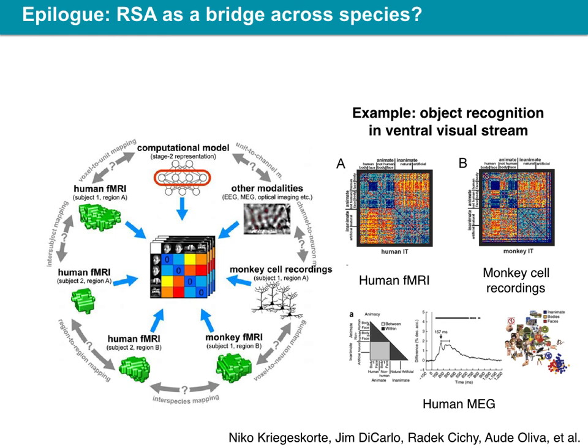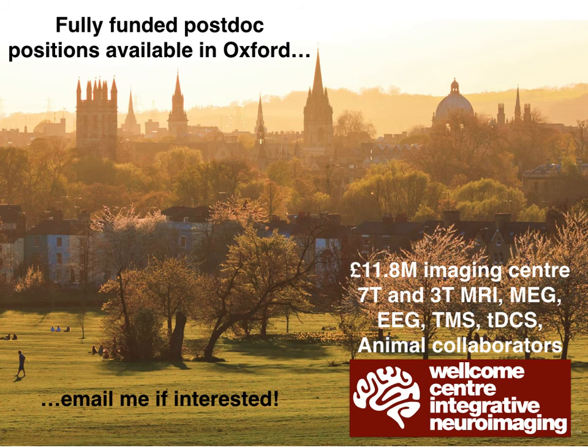This has also been applied to other types of data, such as human MEG data. So what I'm hoping is that in the near future, some of the representations that I've showed you today might also be identified directly in the human brain using similar approaches.